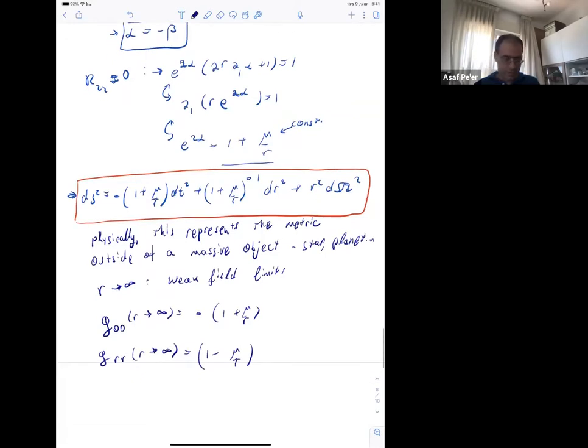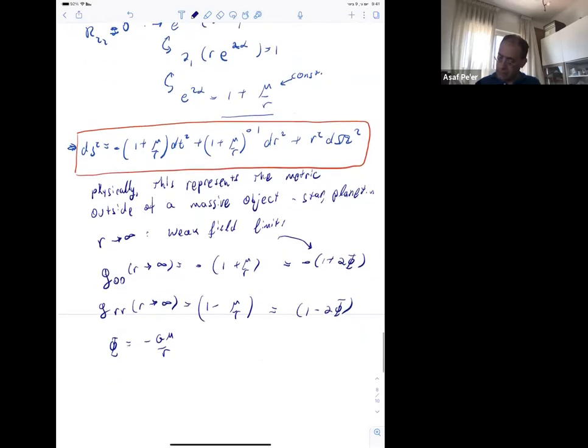But we saw that in this limit, G00 should be equal to minus 1 plus 2 phi, and GRR should be equal to 1 minus 2 phi, where phi is the gravitational potential. Phi is minus Gm over r.